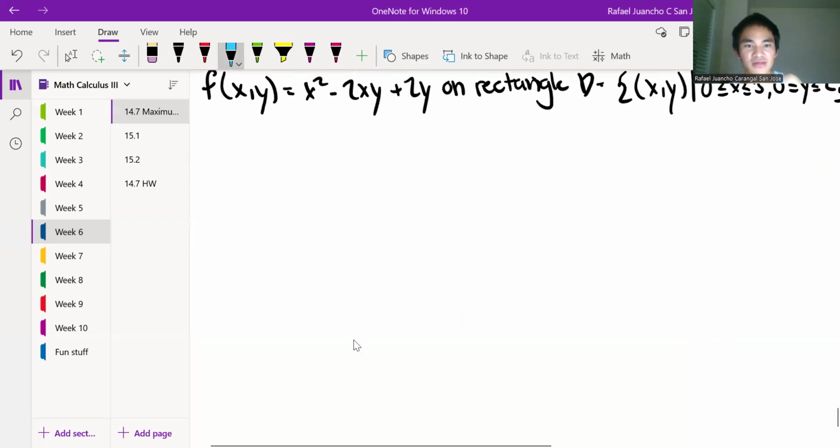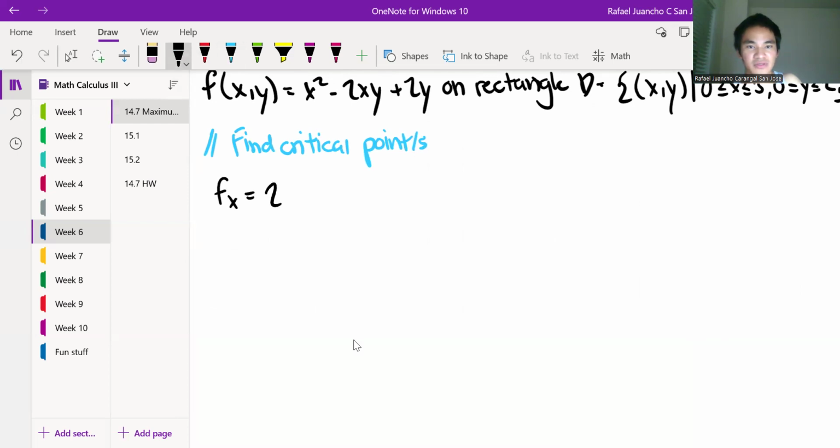Here we can notice a pattern. f sub x is 2x minus 2y, and we set this to 0. Then f sub y is minus 2x plus 2, and we also set this to 0. We can solve for x here, then plug it in.